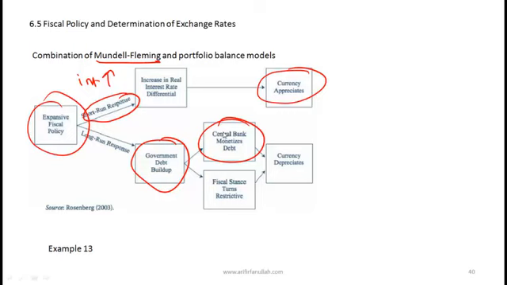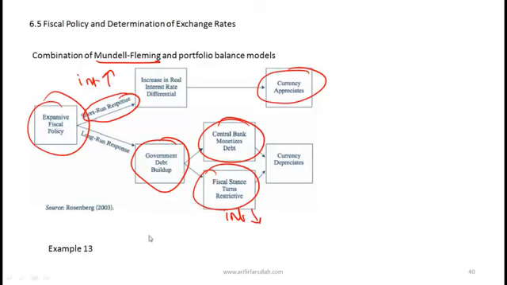When there is an increase in the money supply, the currency will depreciate. The other way of looking at it is that outsiders looking at the relatively high deficit will conclude that the government will eventually need to change its fiscal policy and move into a more restrictive stance. That restrictive stance is going to decrease the interest rates, which in turn will cause the currency to depreciate or lose value.